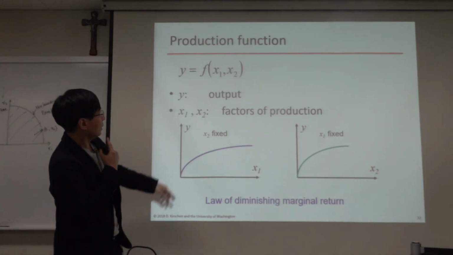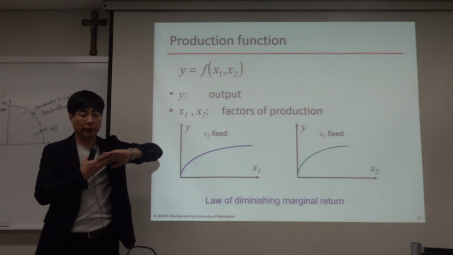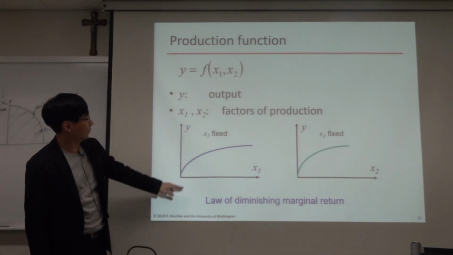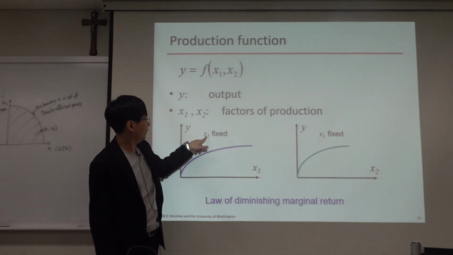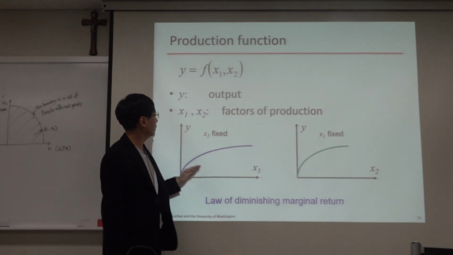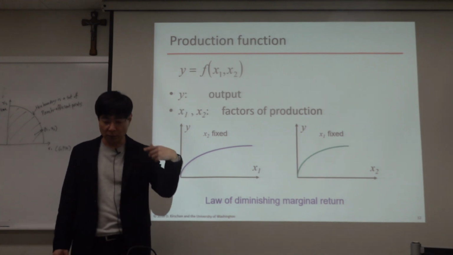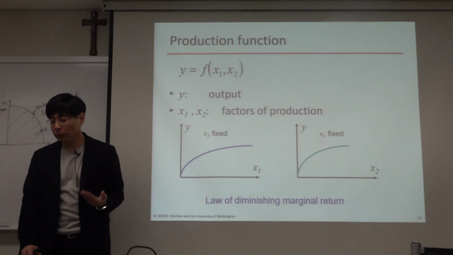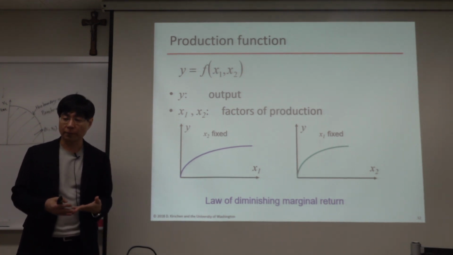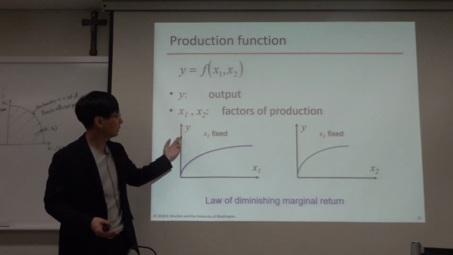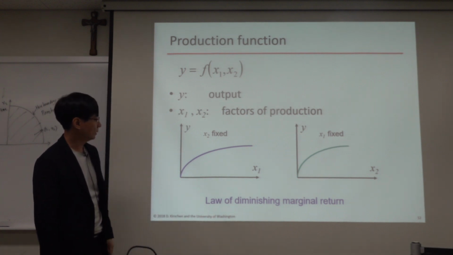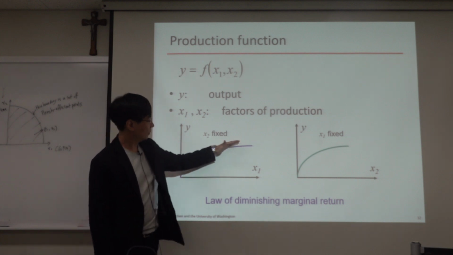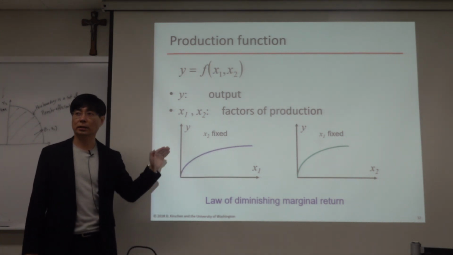Because this F is a multivariate function with different factors of production, here we fix X2 and change X1 and see how the output changes with respect to X1. If you use more fertilizer, then you can expect a larger output. But the thing is, this curve is concave.